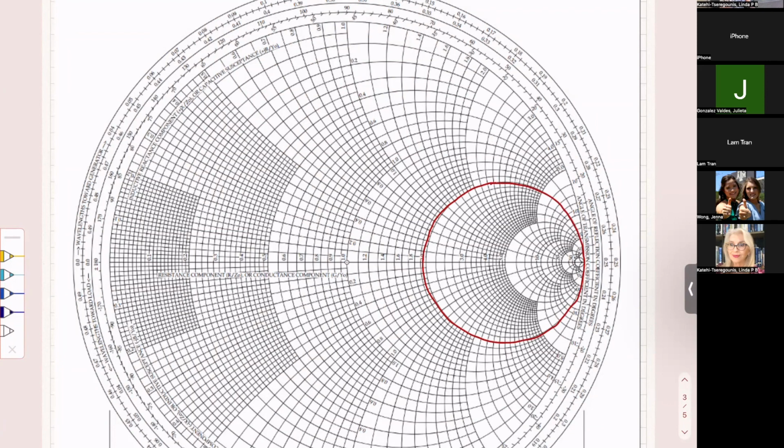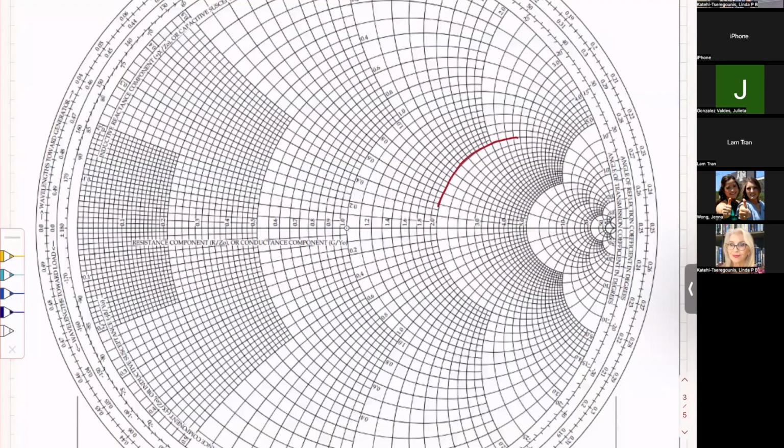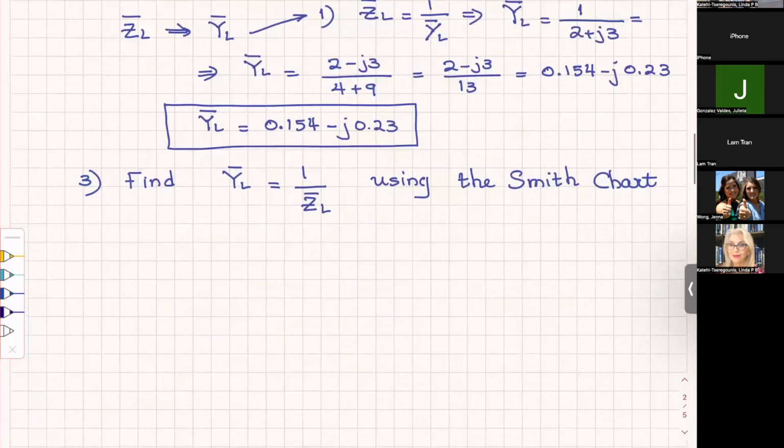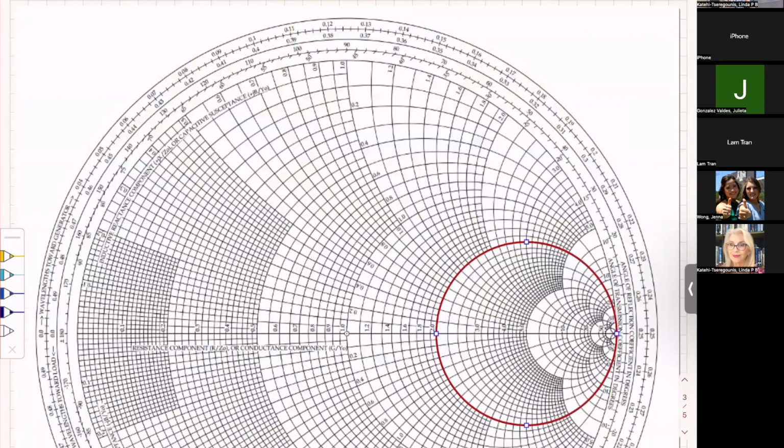Let me just do it again so it makes a better circle. So here. And since all of these are the resistance circles, all the points on these circles have constant resistance. So all the points of these red circles have normalized resistance, which is 2. And then the other one, we said it was 3. So we go to find positive 3 for reactance.